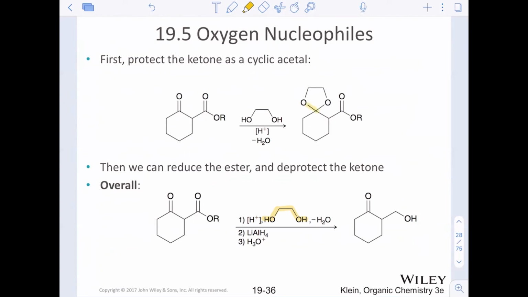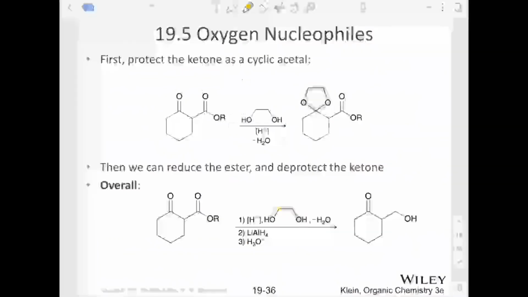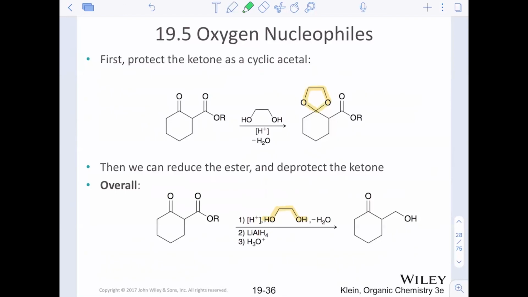So using that protecting group, we have effectively removed the carbonyl in step number 1, but that reaction is reversible. So what we can do is protect, step number 1, make the ketone an acetal, then use lithium aluminum hydride, and that will only react with our ester. And then H3O plus will pop that ketone right back into its place.